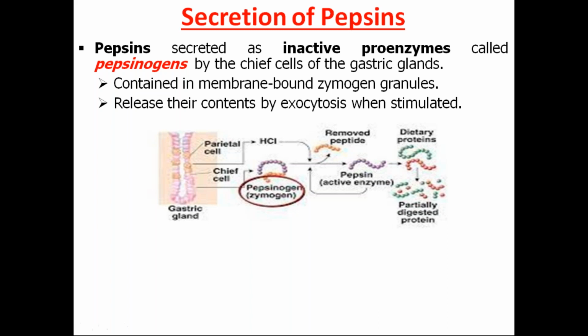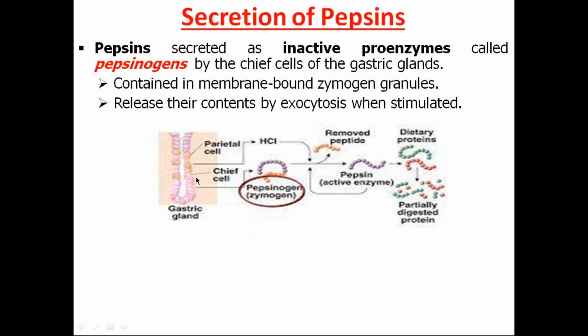Second substance which is secreted in the gastric juice is the pepsin. Pepsin is secreted in an inactive form which is called pepsinogen. It is secreted by the chief cells of the gastric glands, and I have already told you that it will first be synthesized and then stored in the zymogen granules, and the contents would be released by exocytosis when the stimulus comes, right?